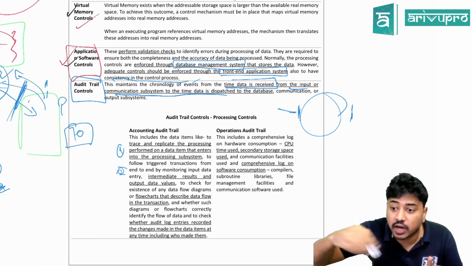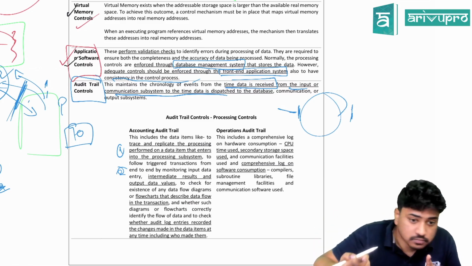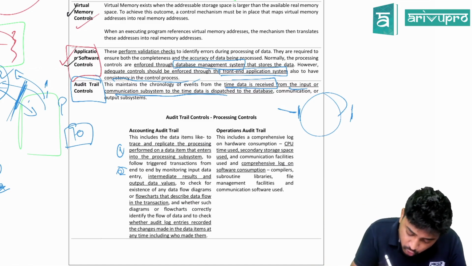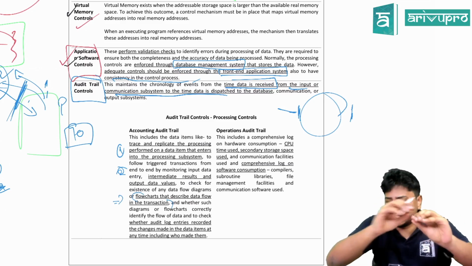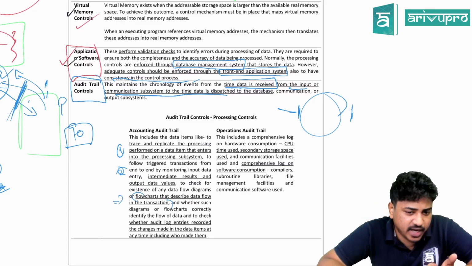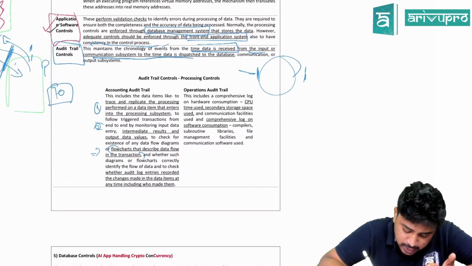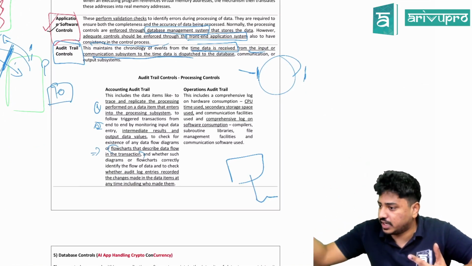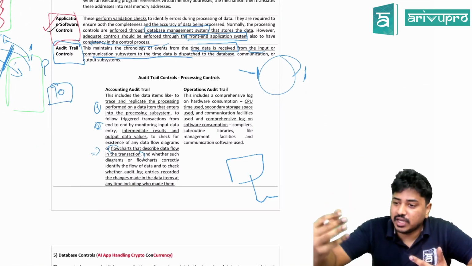Can you identify what triggered the processing? That is one. Third, you can understand the flow of data, which you will study in detail in the first chapter. How is the data getting processed? That also can be logged.